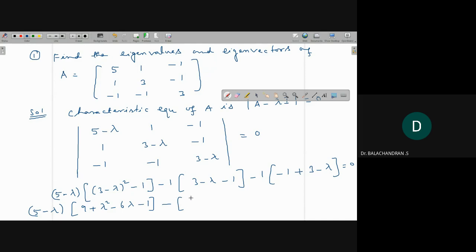This is 2 minus lambda. So here minus, this is what? 2 minus lambda equal to 0. Multiply these two, you can still simplify.